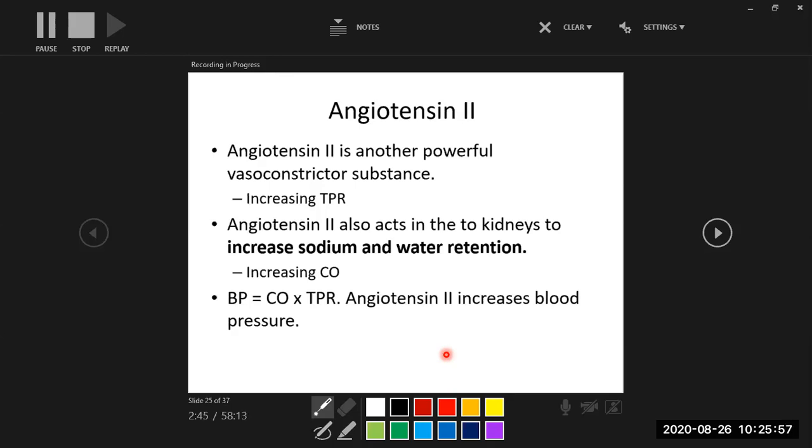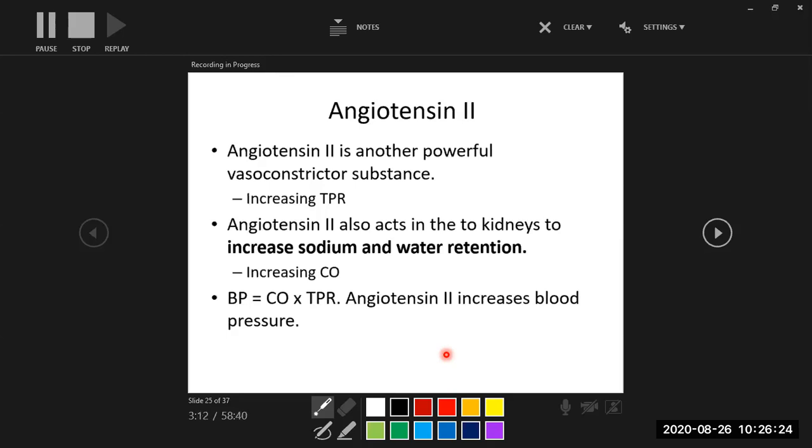But beta-1 receptor blockage is not good because it affects our autonomic nervous system, and the patient may have orthostatic hypotension, because when our body needs baroreceptor feedback to regulate our blood pressure, that will fail. So that's not a good option.